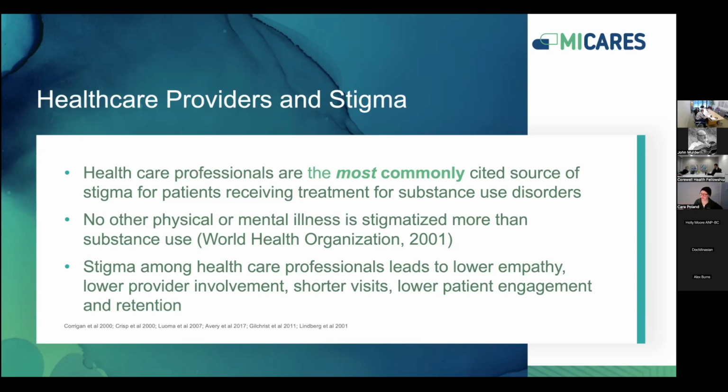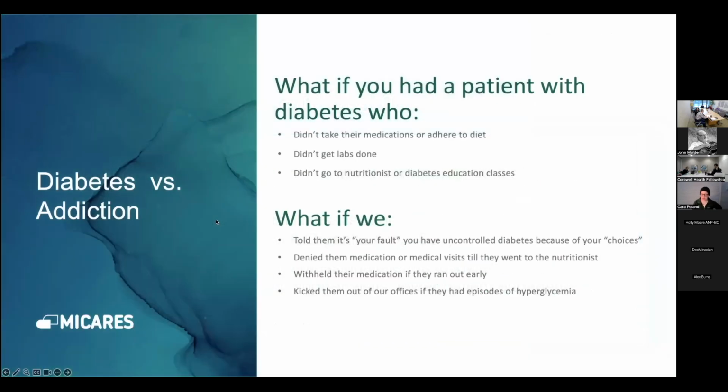That resulted in him feeling like he couldn't be engaged and wasn't safe with those providers. And then they leave. And that is something that's in our power to change. That is something that we can do differently.